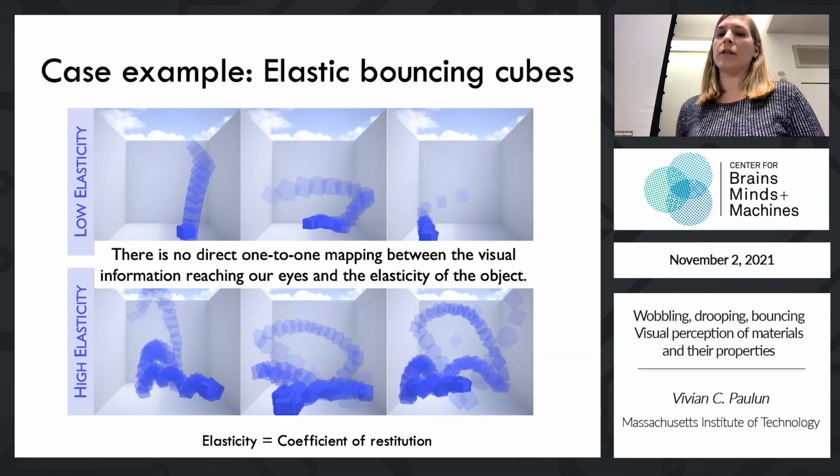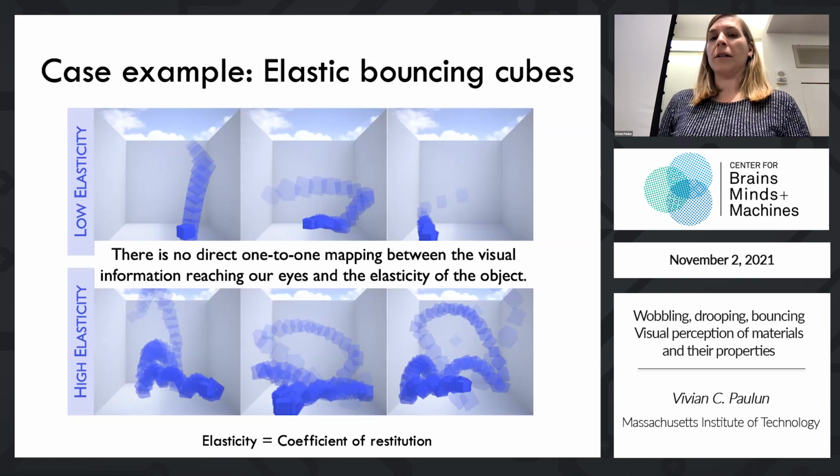And so now there is no direct mapping between the visual information that reaches our eyes and the elasticity of the object. And so the key challenge for the brain, and therefore also for any model that we want to develop, is to find the features that vary with elasticity, but factor out all of the other latent variables, such as the initial speed.